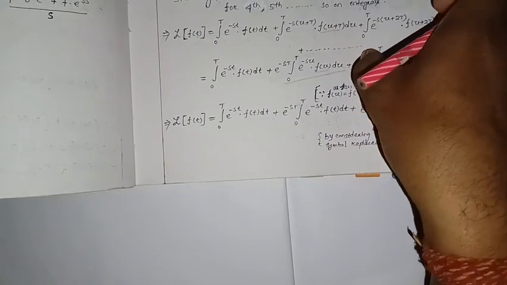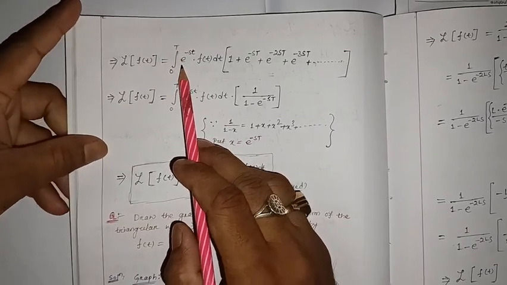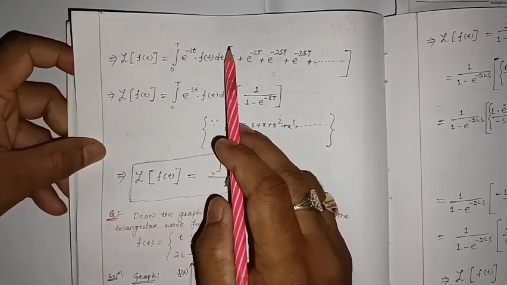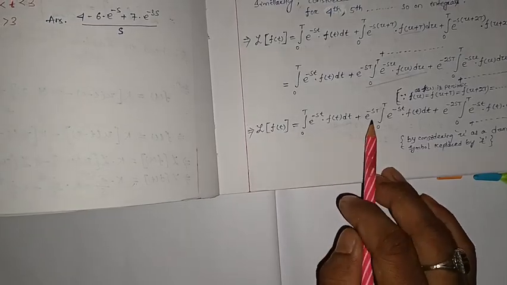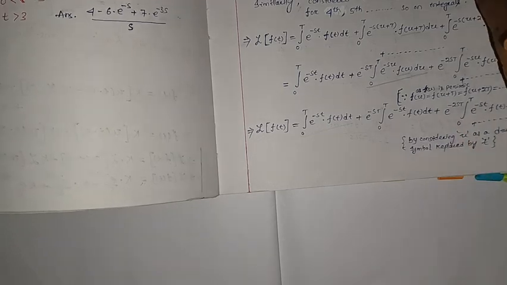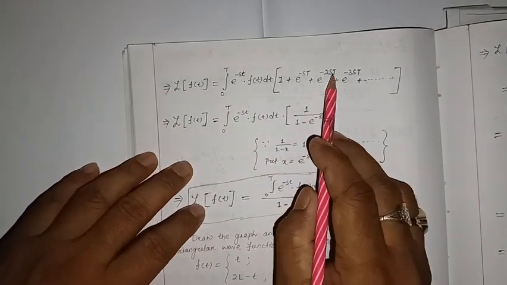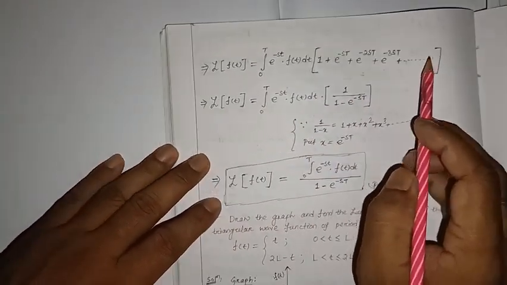So this integral we are going to take common. So what we are going to find: 0 to T e to the minus st f of t dt whole into, in your first term it will be 1, second term e to the minus st, then e to the minus 2st, then e to the minus 3st, and so on. Same thing it has been written: 1 plus e to the minus st plus e to the minus 2st plus e to the minus 3st, and so on.